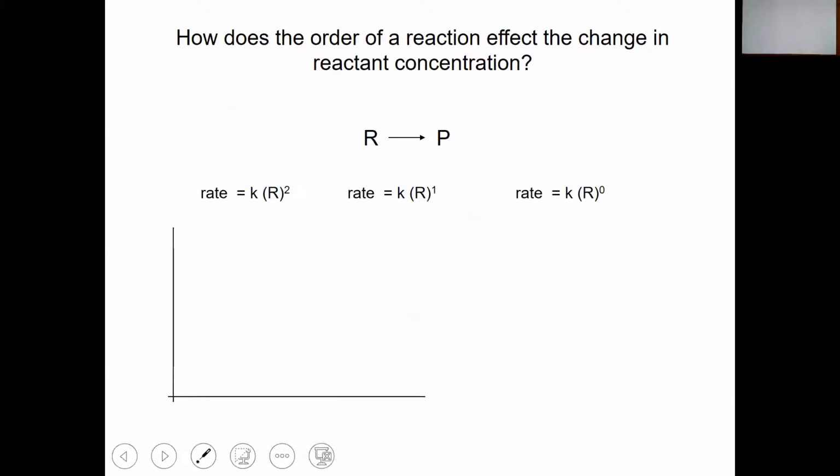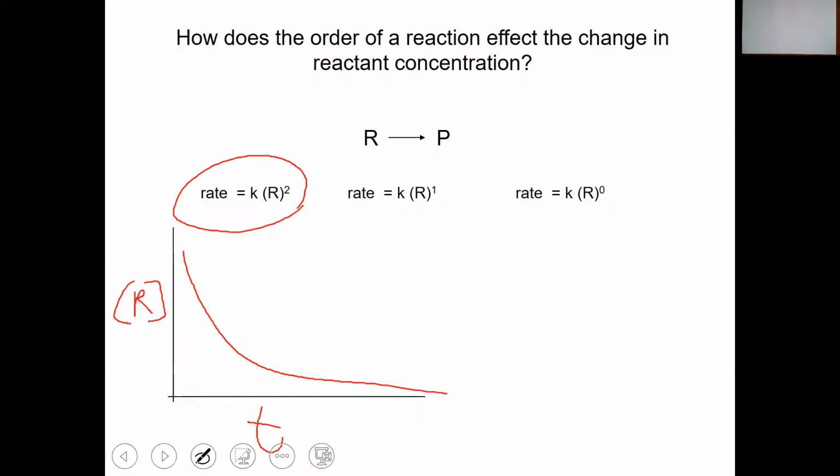So we've seen a few times now that if we plot a reactant concentration over time, the reactant concentration decreases. But maybe that is how it decreases for a second order reaction. How does the concentration change for a first order reaction? It also decreases, but it doesn't decrease with quite the same slope as it does for a second order.